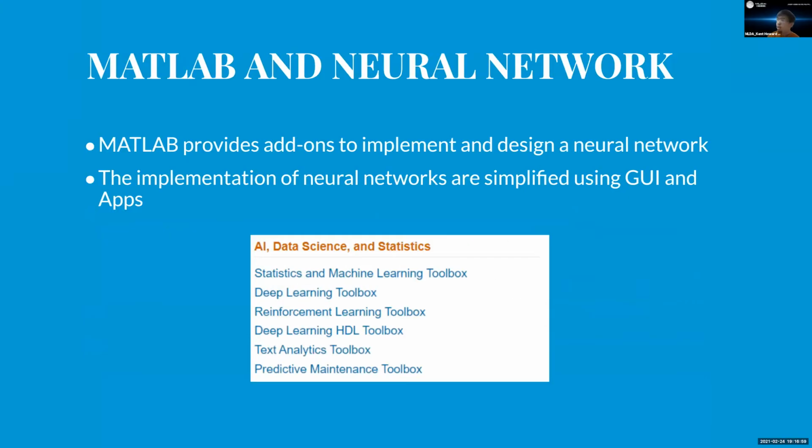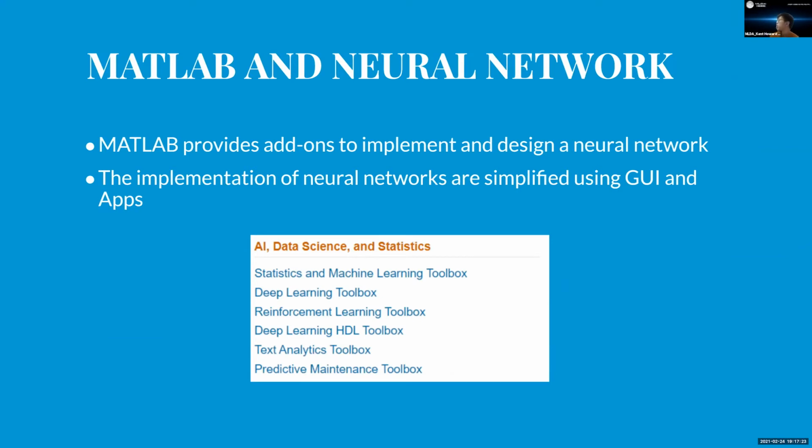I will not go too much into the math, so I'll directly jump into how Matlab implements a neural network. Basically, Matlab provides add-ons and apps to allow you to design your neural network. These are the toolboxes that can help you work with AI, data science, and statistics.